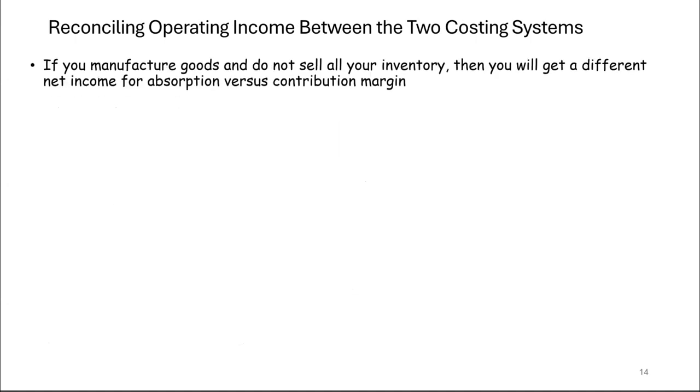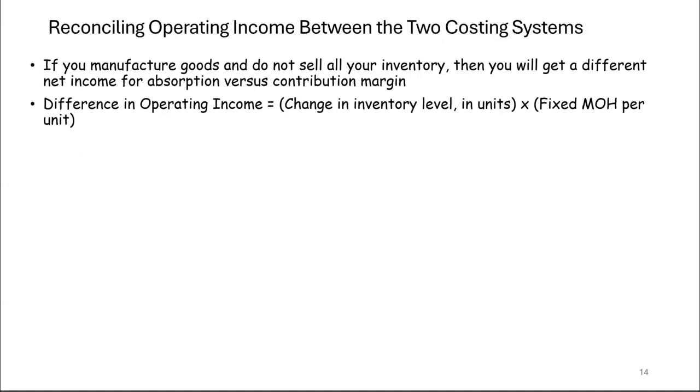If the manufacturing goods are different, which in our example they are, you're going to have a difference in net income. If they're the same, your net income is the same regardless of what method you use, because you're not leaving that portion of fixed cost behind in ending inventory. So the difference in operating income is going to be the change in the inventory level in units times the fixed manufacturing overhead per unit.